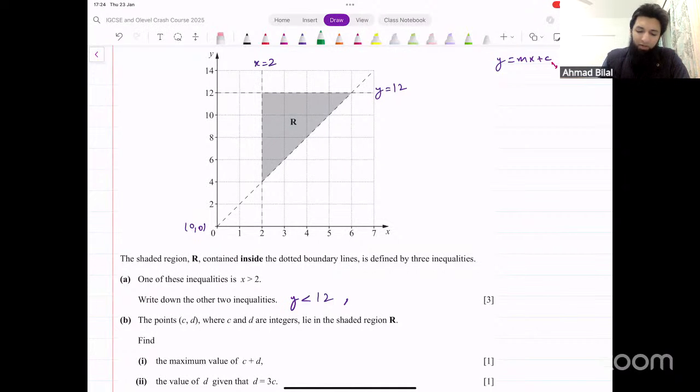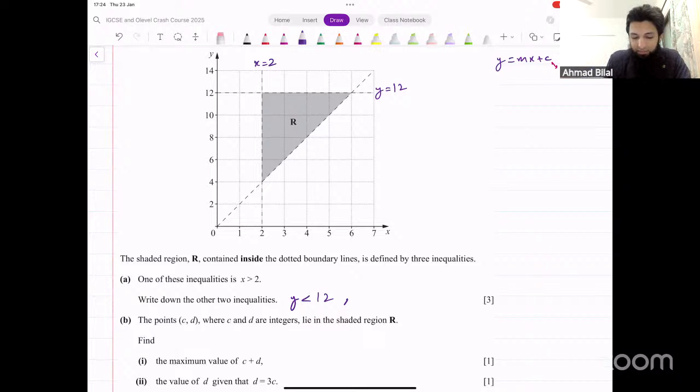It is okay to take the points anywhere, but the general rule is that you should take points that are a bit far away from each other. That improves your accuracy, especially when you do graphs of functions later on. When you draw tangents, you should take points that are far away from each other. That improves the accuracy.